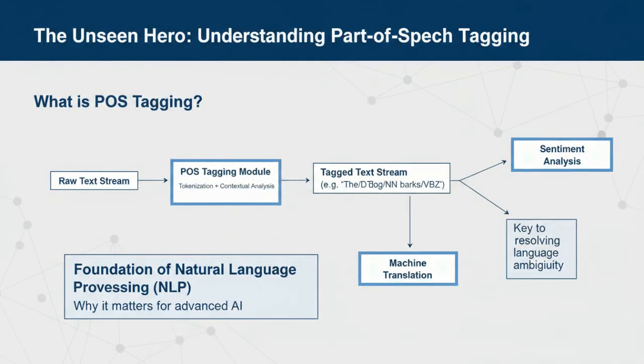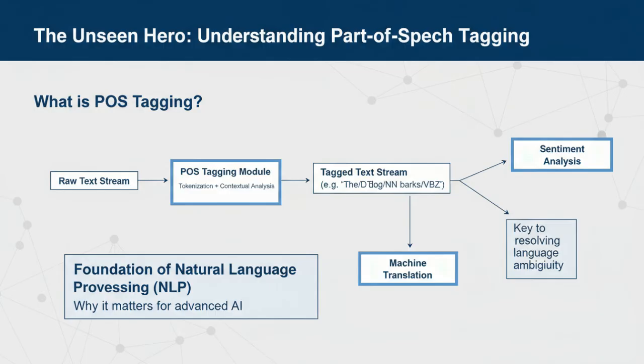Good morning, everyone. Today, we're diving into a crucial yet often overlooked component of natural language processing, part of speech tagging, or POS tagging. While it might sound technical, understanding POS tagging is fundamental to appreciating how computers make sense of human language. It's the silent workhorse behind many of the NLP applications we use daily, from search engines to virtual assistants.